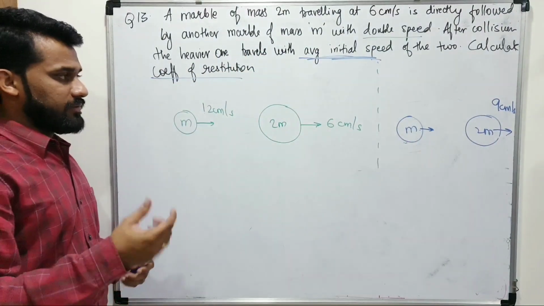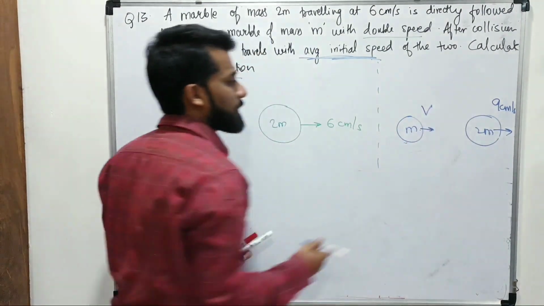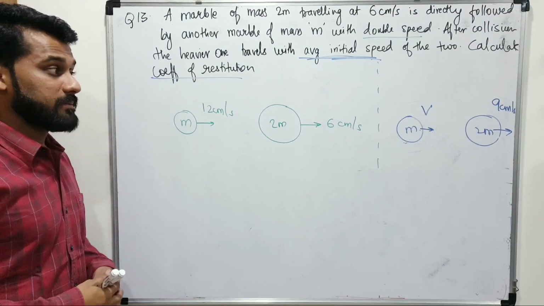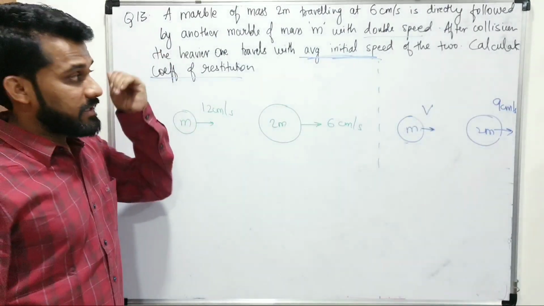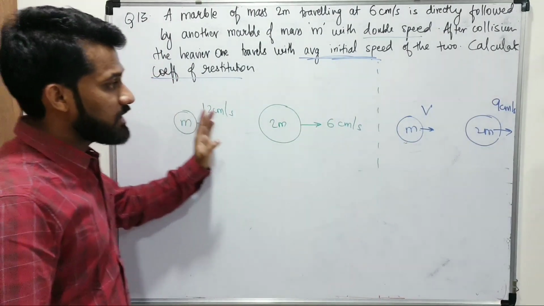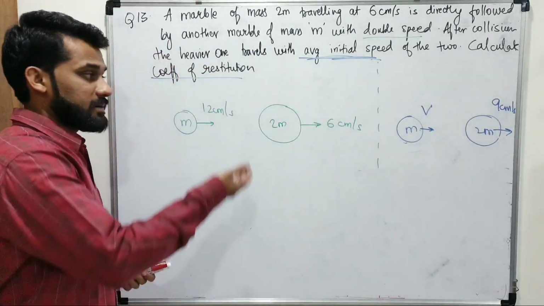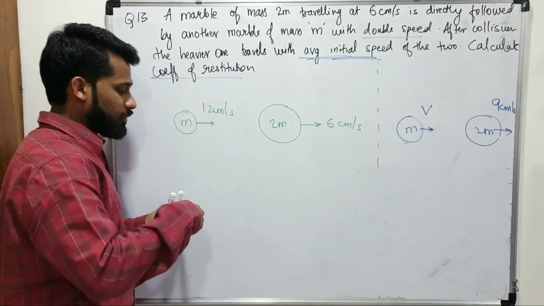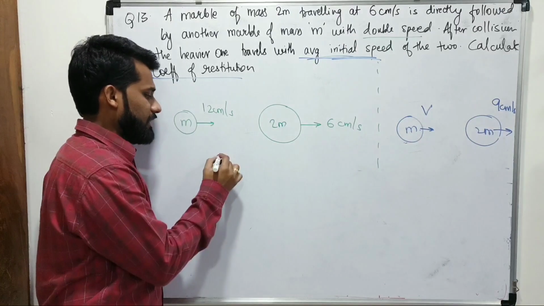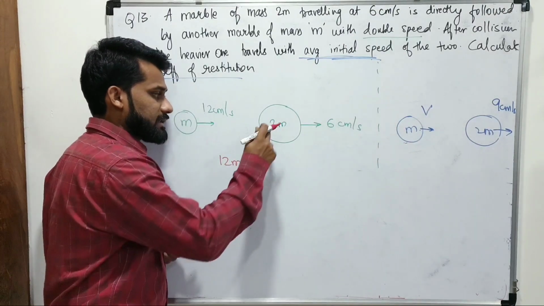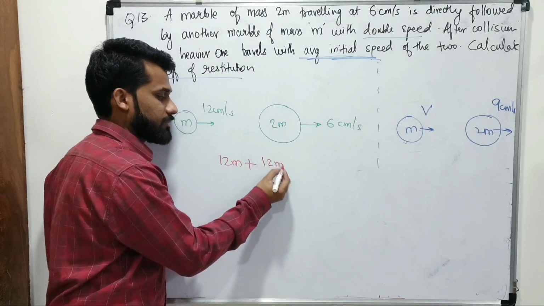So you can consider this speed as v, and conservation of linear momentum. Any type of collision it might be, elastic, inelastic, but momentum is always conserved. So what is momentum before collision? Before collision, the momentum is m into 12 plus 2m into 6, right?